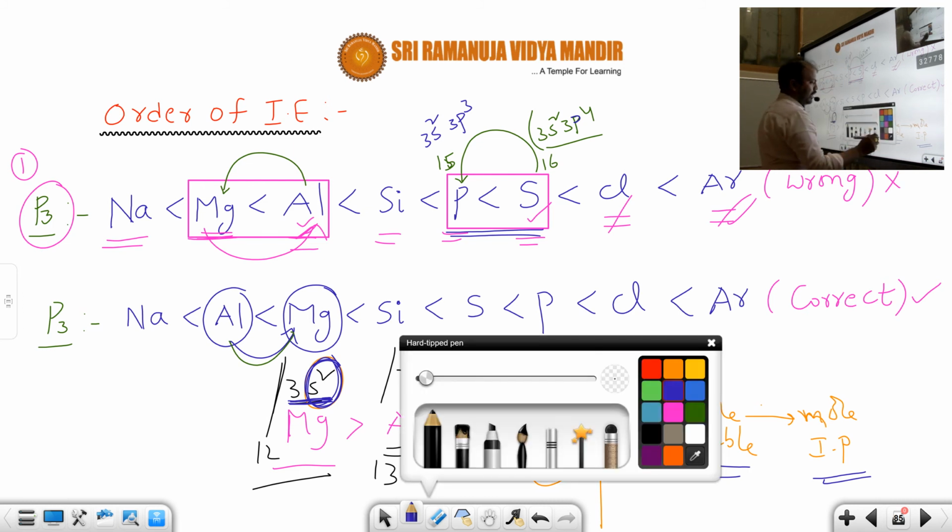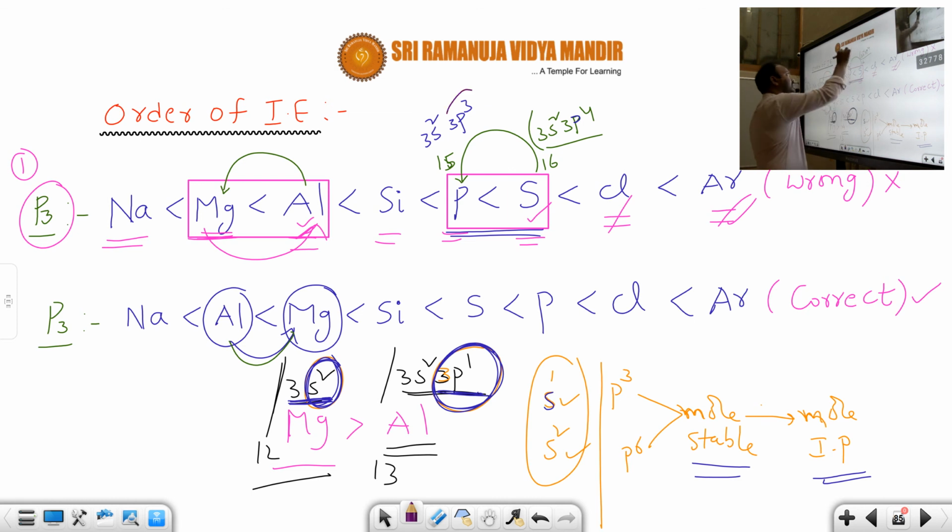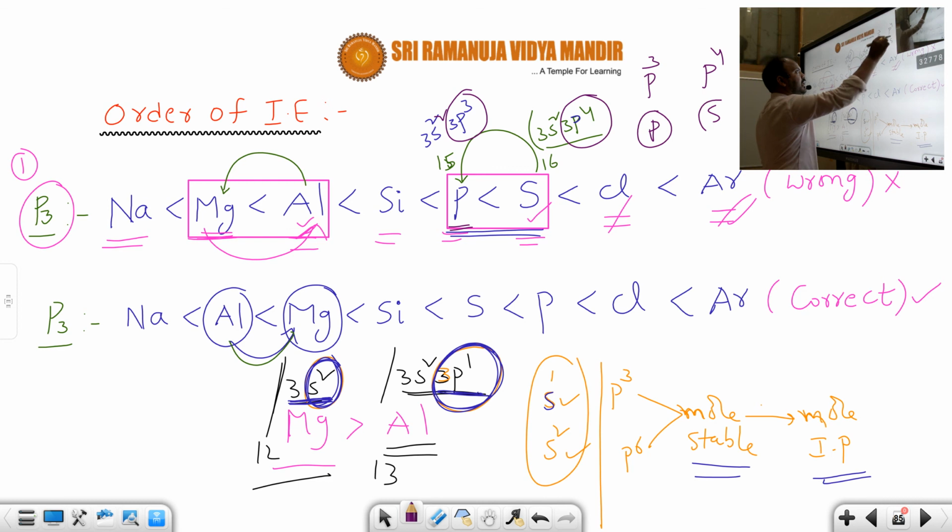Observe what happens here. Phosphorus contains p3, sulfur contains 3p4. So phosphorus has a half filled structure. In sulfur, p4 is neither half filled nor full filled, so that is an unstable structure.